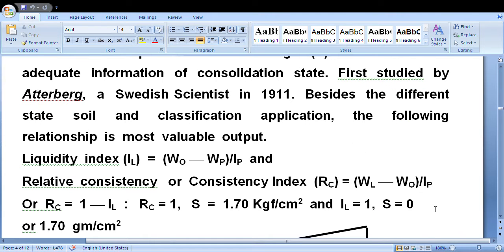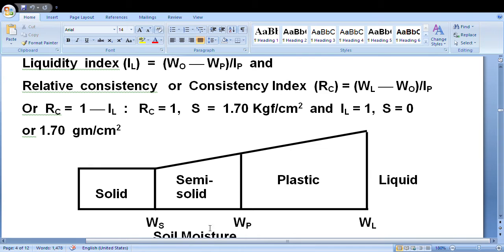Here you see, when the soil moisture is at the plastic limit, the strength will be 1.7 kg per square centimeter.